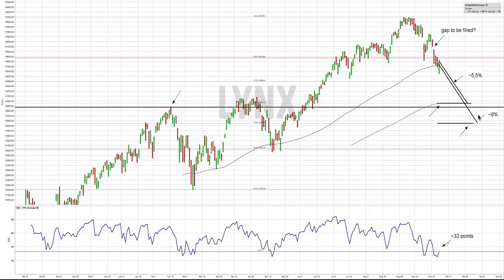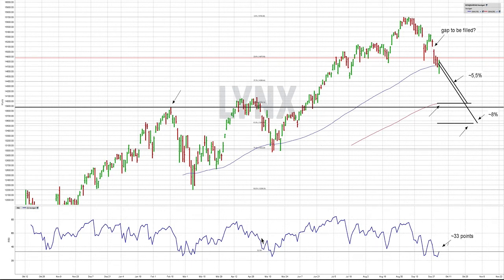Another target to the downside could be the 61.8 level, which is around, let me check that one here at another screen, around that 13,550s. This could be something like a -8% move from the Friday close we see here. So these two levels are simply added with that black line just to show you that stuff.